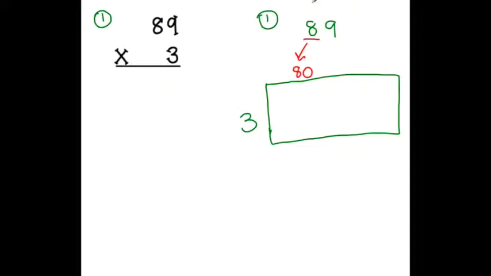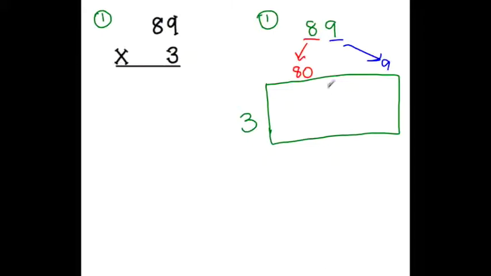And 8 tens would be 80. What is the value of the 9? 9, because it's in the ones place, so we would just have 9 of the units. Great. So we've split up our number, just like when we use the expanded form, except we don't need the addition sign, right?